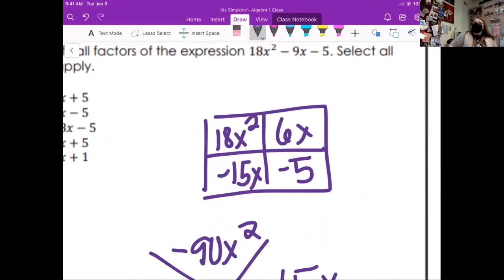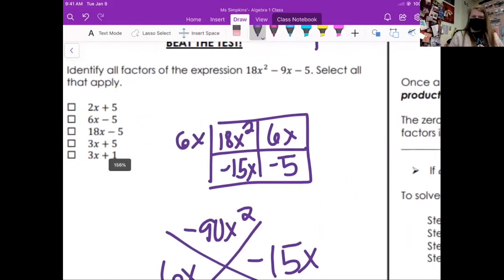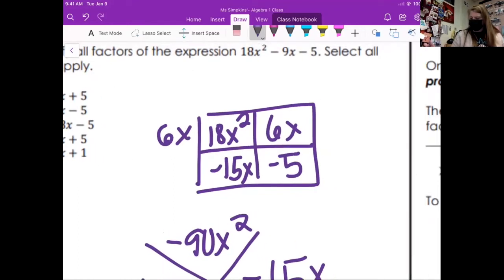We should still end up with the same 2 factors. So what is the GCF of the top row? Yeah, Robert. 6x. 6 goes into 18 and 6. X goes into both. I think that's right, Lauren, if I remember correctly. 6x times what gives me 18x squared? 3x. 6x times what gives me 6x? 1. And then 3x times what gives me negative 15x? Negative 5.